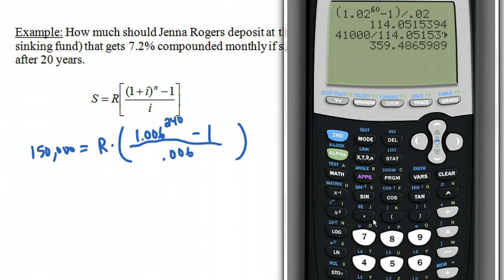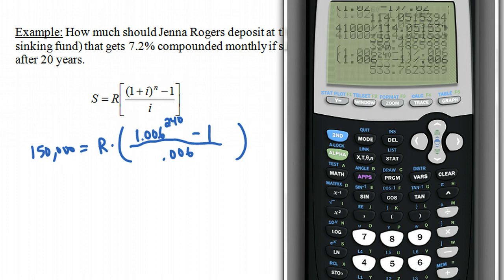Let's do the top part first: 1.006 raised to the 240th power, minus 1, divided by 0.006.